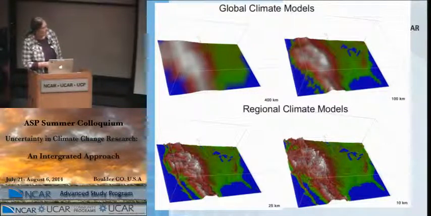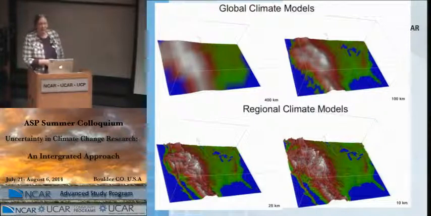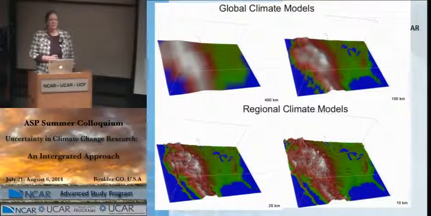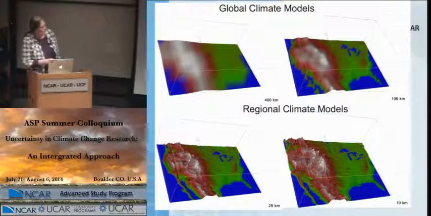Most of the models are running around 150 to 100 kilometers resolution. And you do see now the backbone of the Rocky Mountains. Notice also, when you're going from 400 to 100, you now have Florida. There is at least one person here who is interested. Oh, and another person. Several people interested in the well-being of Florida.